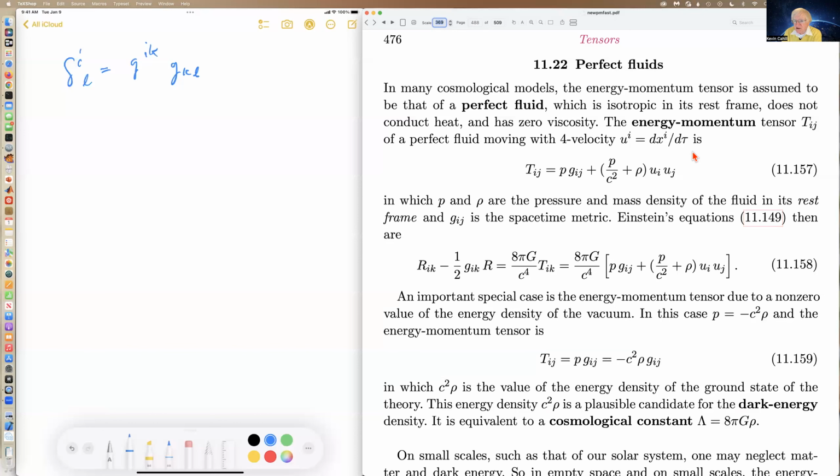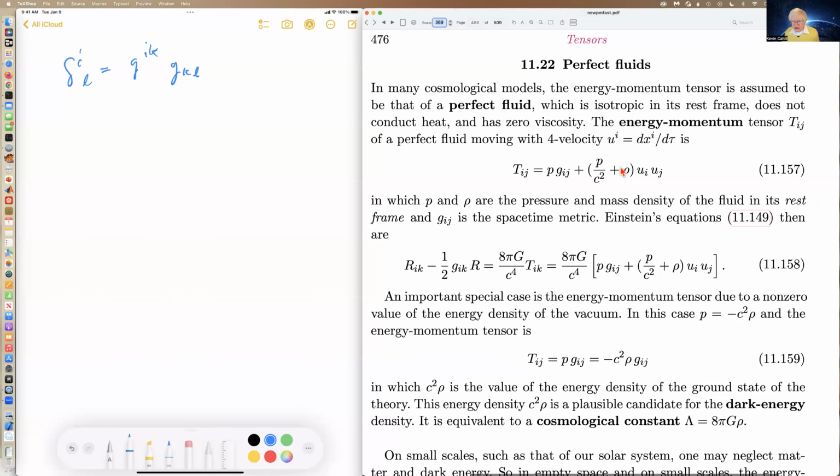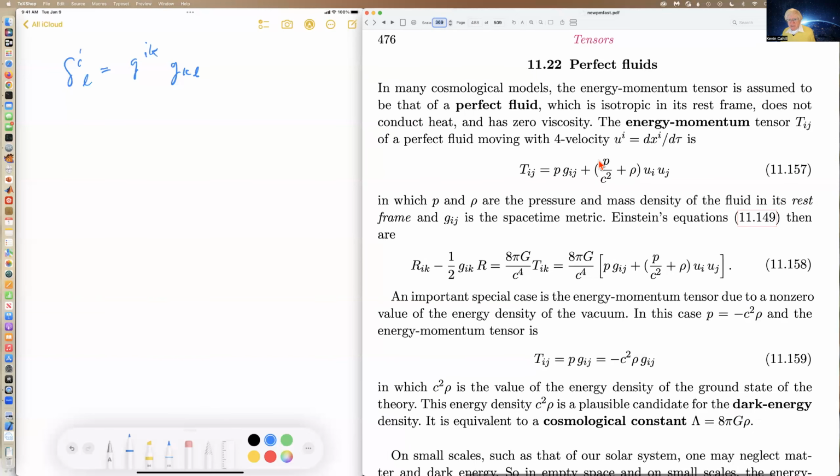Anyway, the energy momentum tensor is of this form. It's the pressure times the metric of space-time, and then a product of the four velocities times the mass density. Rho here is the mass density, not the energy density, and this is the momentum.